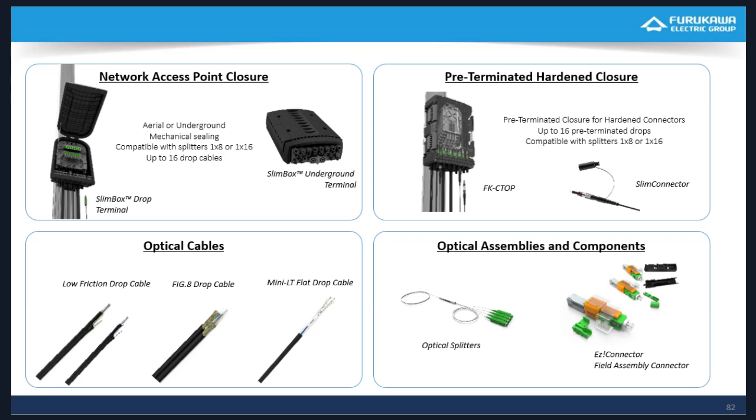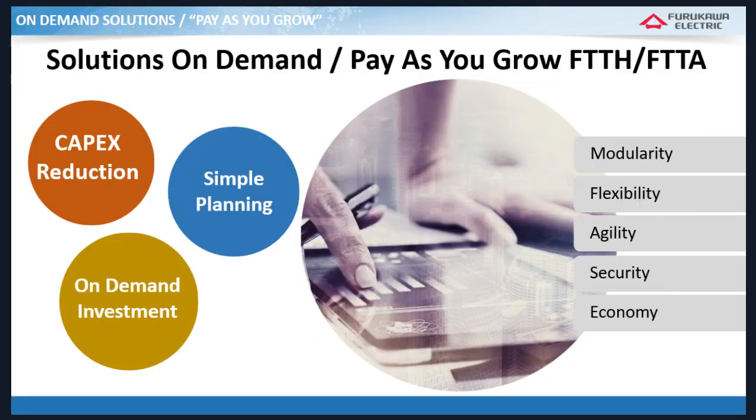What we're trying to do is this: reduce CAPEX, reduce the costs on OPEX as well, create products with simpler planning. So at the moment we are designing the network, it is important that the products always allow a simpler design and on-demand investment.